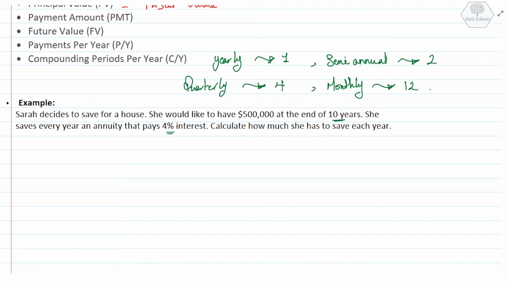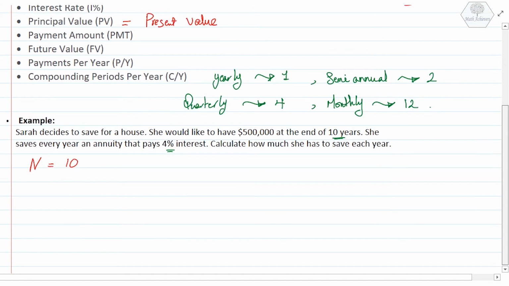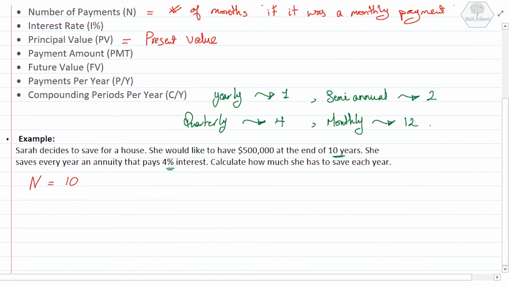So now, first thing I need to know, N, which is the number of payments, N simply equals 10 years, so it's equal to 10. Then the interest rate is equal to 4. The PV, the principal value, in this case is equal to 0 because it starts from 0.